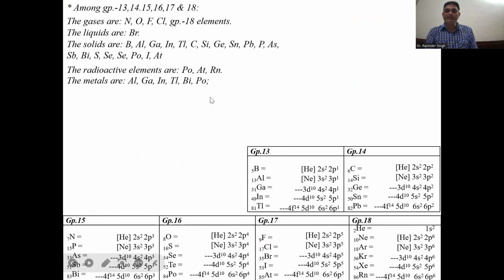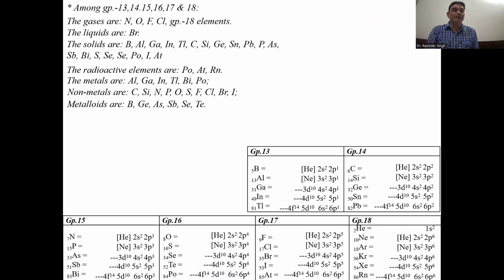Polonium in group 16 is a metal. Non-metals are carbon, silicon, nitrogen, phosphorus, oxygen, and sulfur. These are some names of the non-metal elements here. Metalloids are boron, germanium, arsenic, antimony, selenium, and tellurium. These are the metalloids whose characteristics are between metal and non-metal.